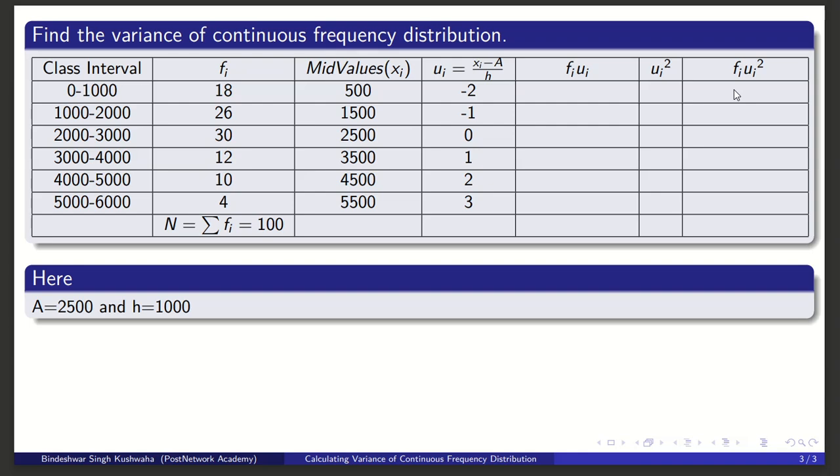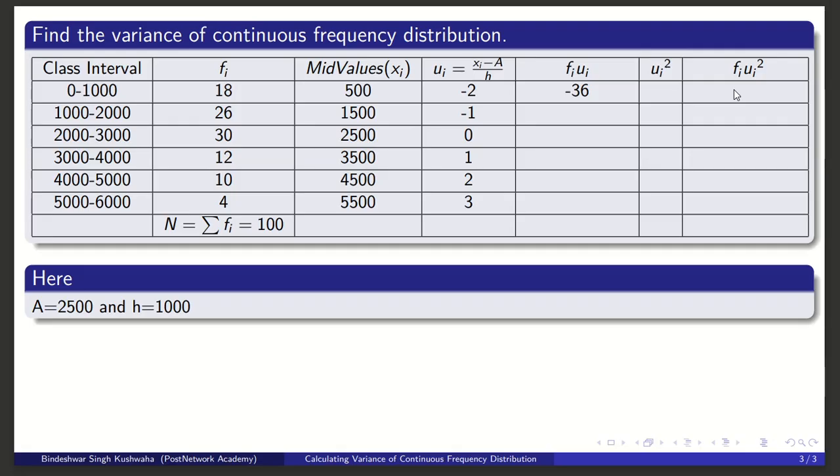Now if you multiply, you can see another column fi into ui. So if you multiply fi with ui, first entry would be minus 36. Second entry minus 26. Third entry, because ui is 0, so 0.